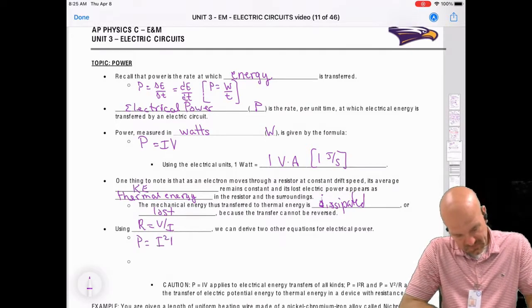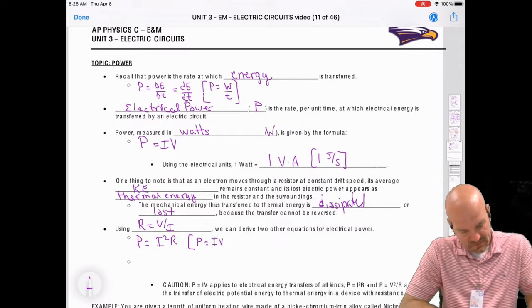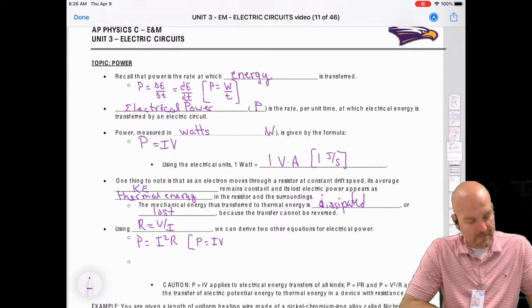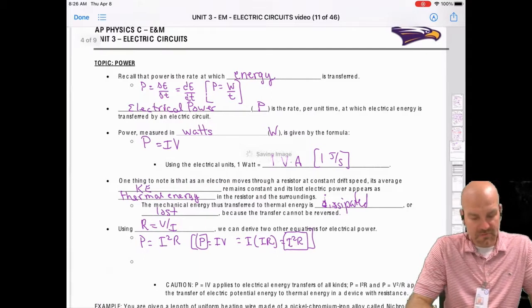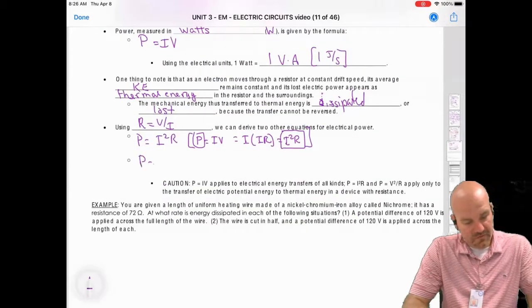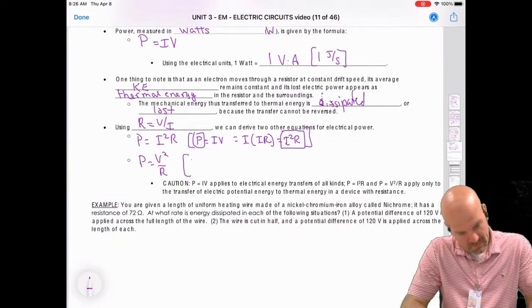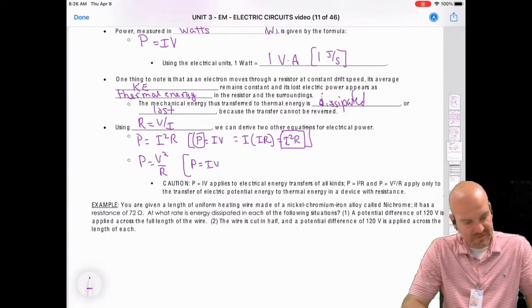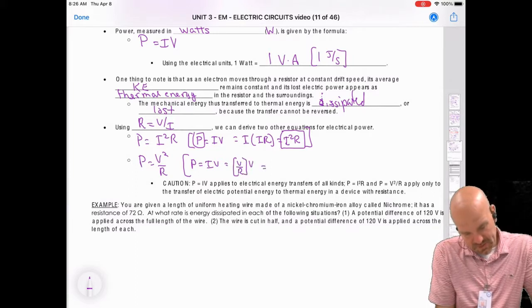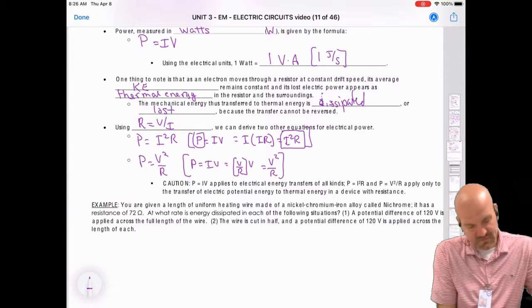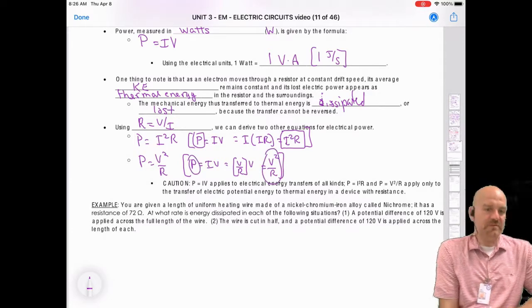Power is I squared R. If P is IV, I solved for V, so V equals IR, and I times IR gives the I squared R. Another version is V squared over R, because if I take P equals IV and substitute I equals V over R, I get V over R times V, which is V squared over R. So we can write these equations in terms of voltage and resistance, and current and resistance.